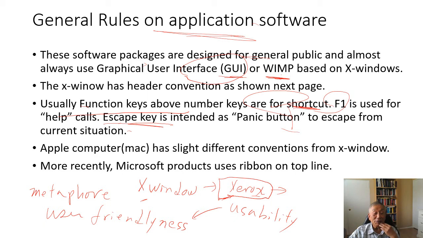Then Apple computer, the Mac line, has a slightly different convention. Originally it comes from X Window, but they modified it further in their own way. And Microsoft uses, at the top line, a whole chunk of choosable units like icons and some menu items, in the ribbon.